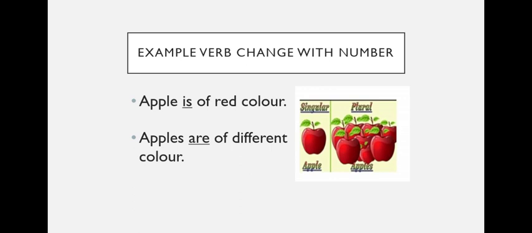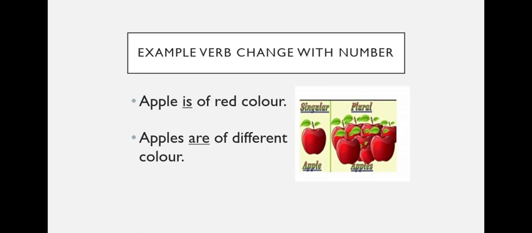Yes or no? In the first example, the verb is is. In the next sentence, the subject is apples, and we know that apples are plural. Since the subject is plural, the verb changes to are. So both the verbs, is and are, change according to the number of the subject.